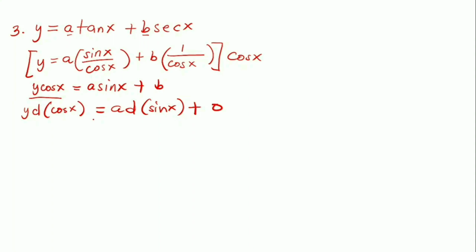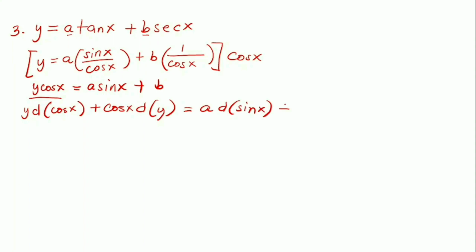The derivative of b, which is constant, is 0. Okay? Ay, so sorry. Wait. Nakalimutan tayo dito. So, plus cosine of x times the derivative of y. Okay? So, equals to a times the derivative of sine of x.